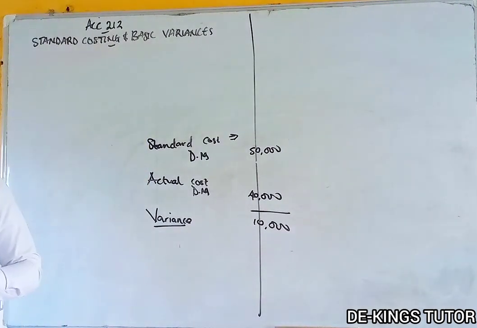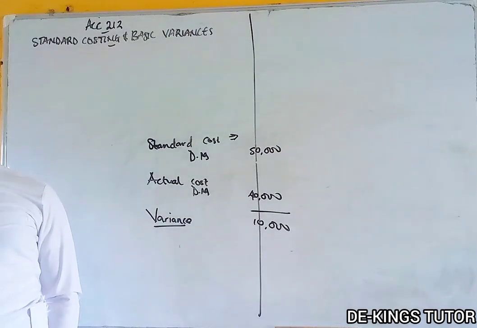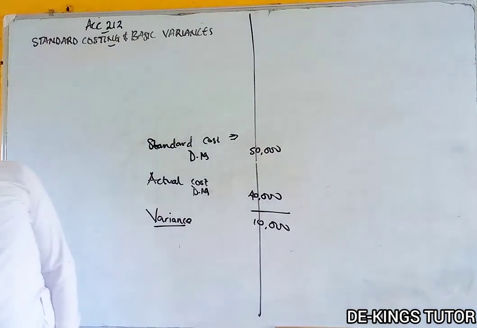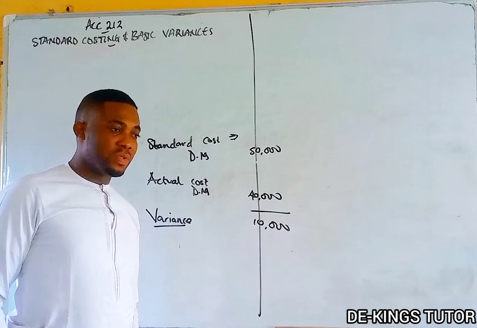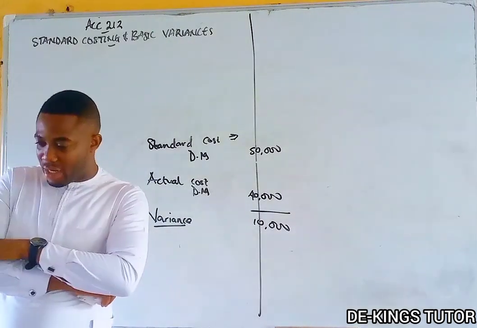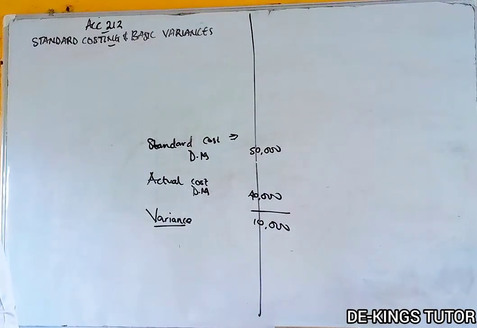The standard cost, which is also known as targeted or target cost, budgeted cost, or forecasted cost, is a budget, schedule, or estimated cost of producing a single unit of a product, or a number of units of a product, under specified working conditions.